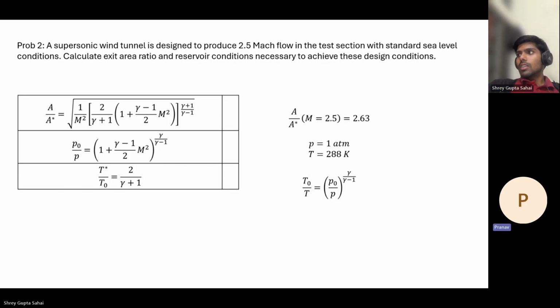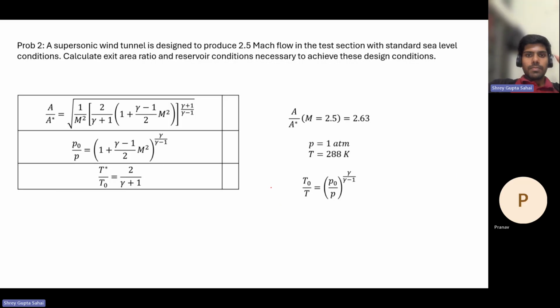And the pressure is 17 atmospheres, 17 times higher. So that is one insight we can take from this problem. Simple problem, nothing very fancy.